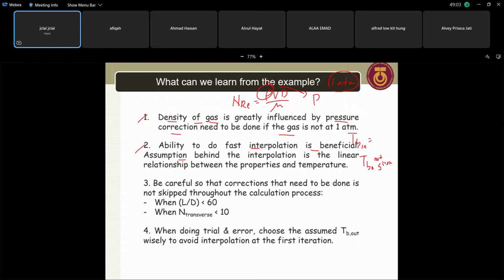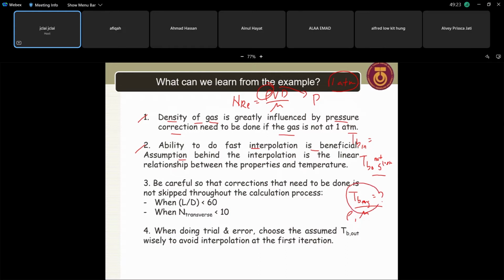In this case, when TB out is not given, then you cannot get the right TB average, and your rho, your mu, everything is at TB average.